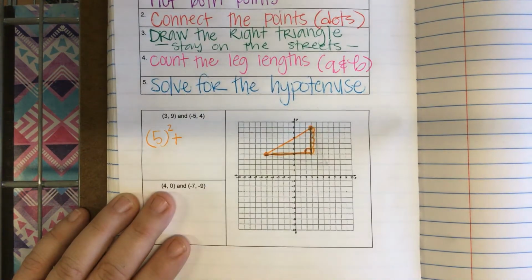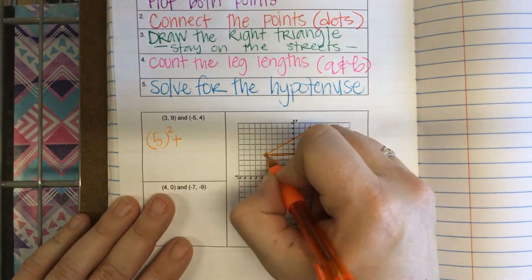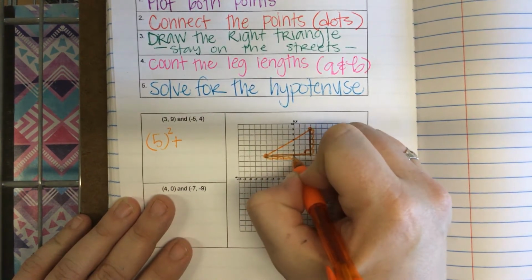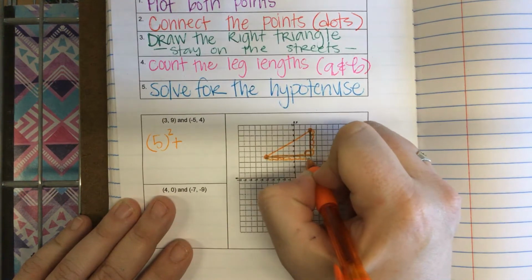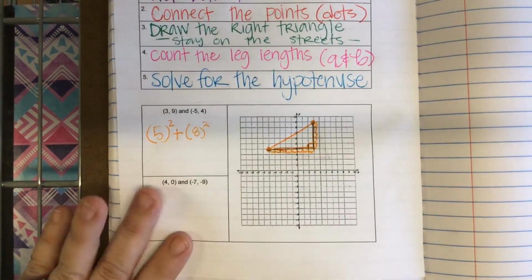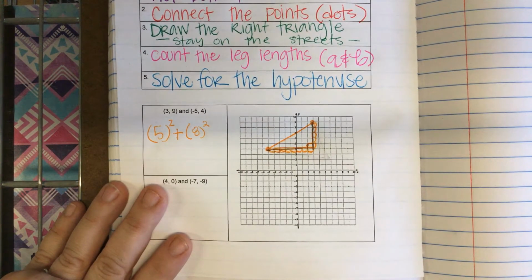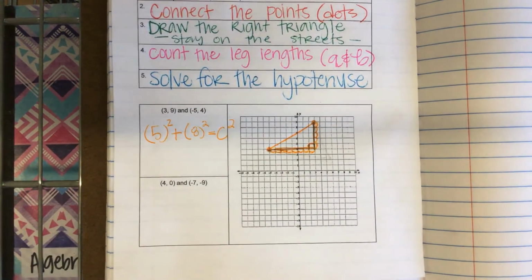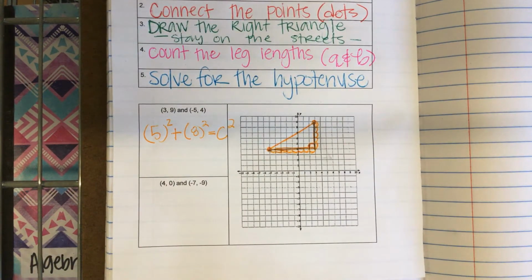Plus 1, 2, 3, 4, 5, 6, 7, 8. That's my second leg. Equals c squared, because I don't know my hypotenuse, because I cannot count it.